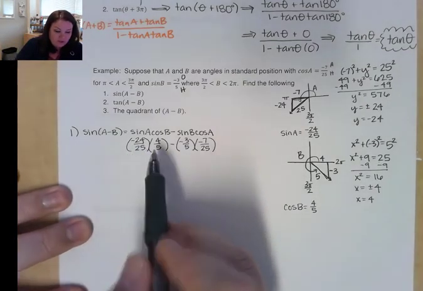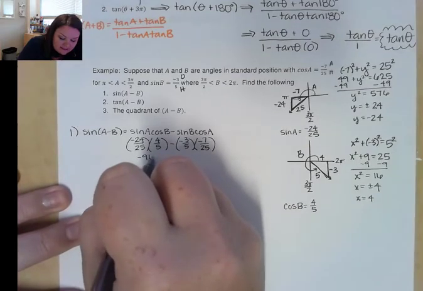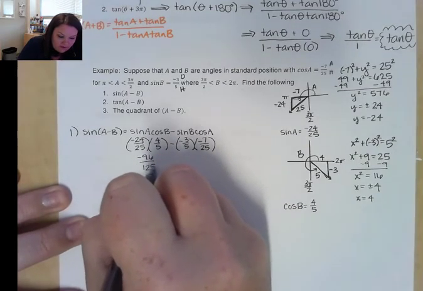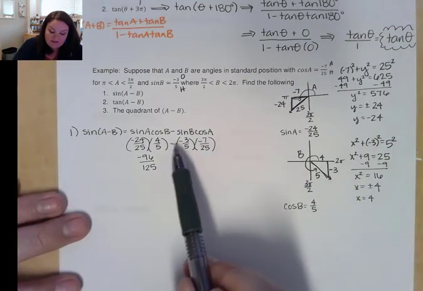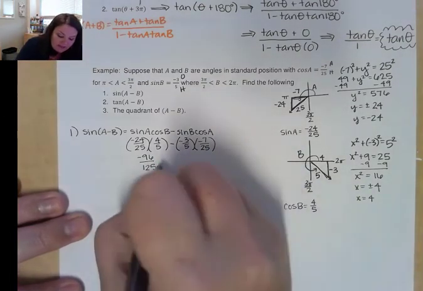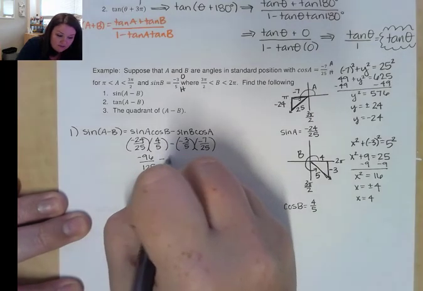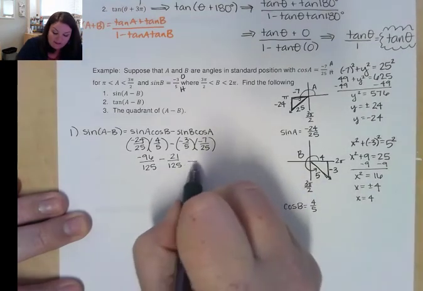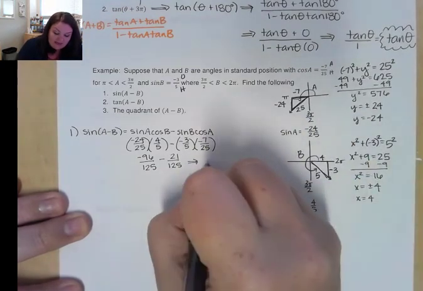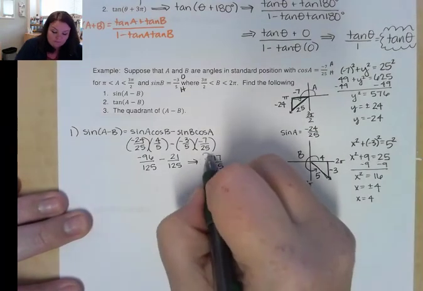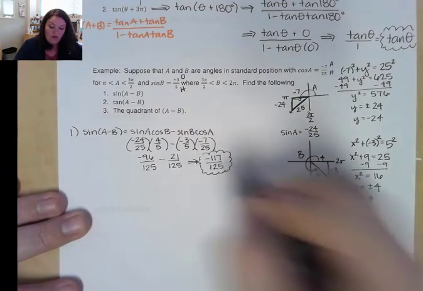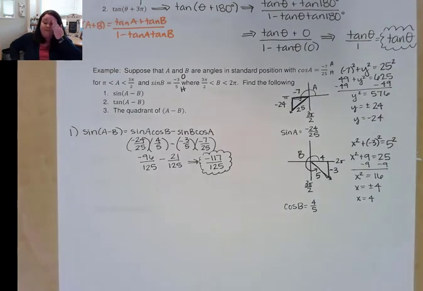So we multiply straight across. That gives us negative 96 over 125. And here when I multiply a negative times a negative times a negative, I end up with a negative 21 over 125. And when I combine those, it gives me a negative 117 over 125. Excuse me. And that's as simplified as it gets.